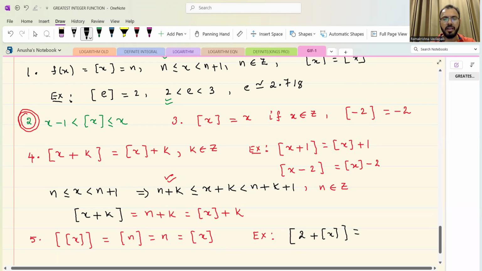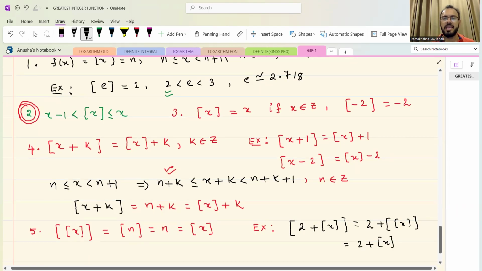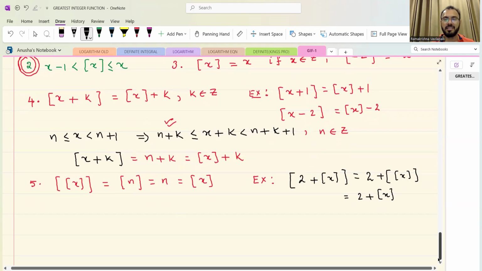You can write 2 outside, plus the integral part of x. Nothing but simply 2 plus the integral part of x. You can give any real number in place of x.